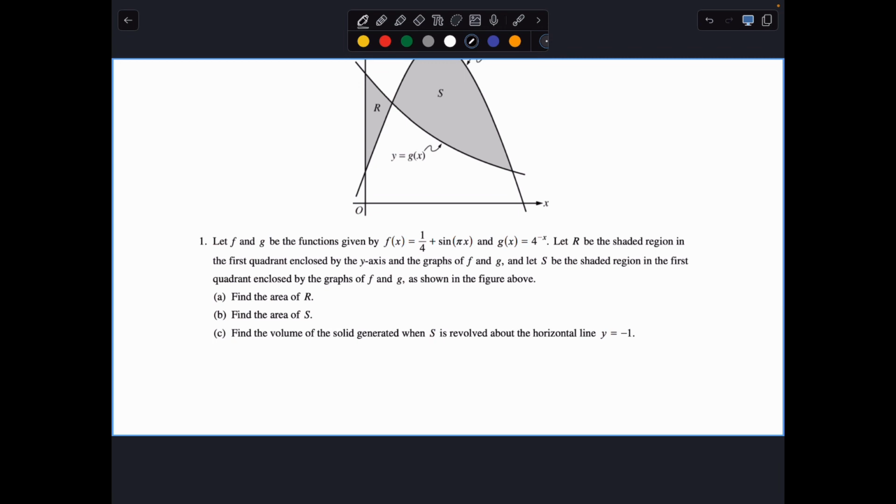What do we need to do in order to set up the integral? We need that point of intersection. Right? We need this x value. So go ahead and type in f and g into your calculator. So go to your y equals, type those in. Make sure you're in radians. If you're in stats, make sure your stat plot's off.